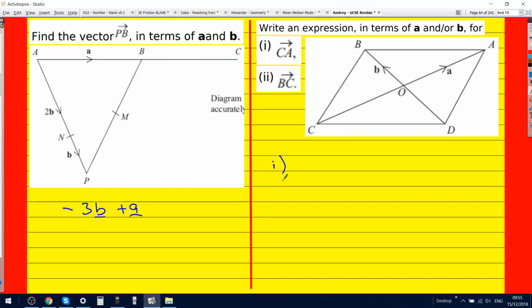So is that like B plus A? From C to A. Oh, is that 2A? Yeah. And so part 2. Beach. Minus B minus A. Yes.